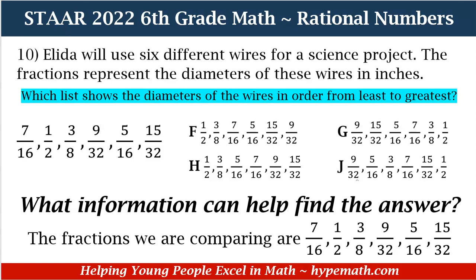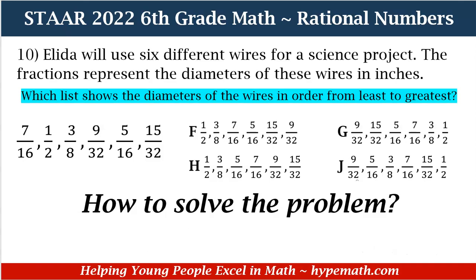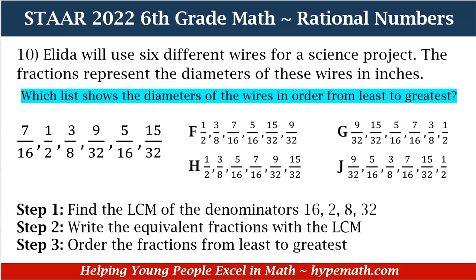Now that we have the fractions, the next thing we need to do is figure out how we are going to solve the problem. We are going to use steps to find our equivalent fractions, since all of our denominators are unlike.